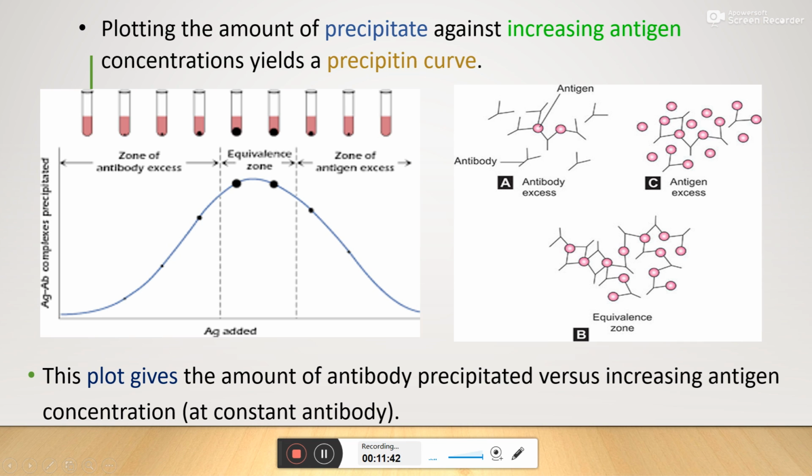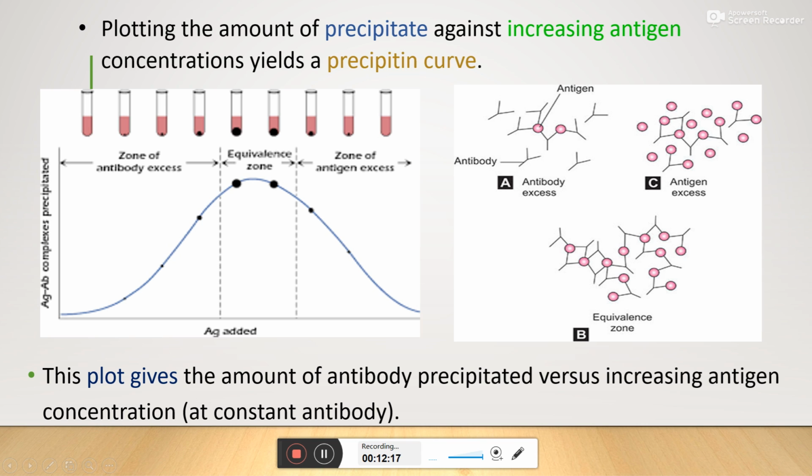The next zone is the zone of equivalence, or equivalence zone. This is represented by letter B. Here the amounts of antigen and antibody are equal, and all are joined in a closely linked structure. The next zone is the zone of antigen excess. Antigen excess means the antigen is present in a very high amount, whereas antibody is less compared to the before zones.